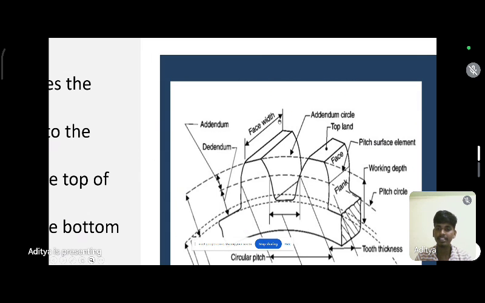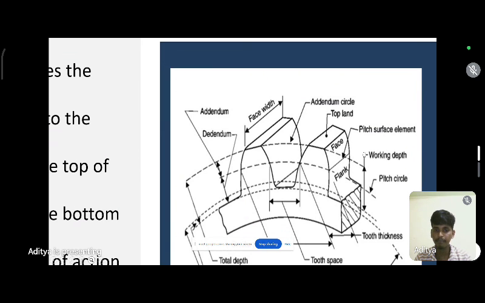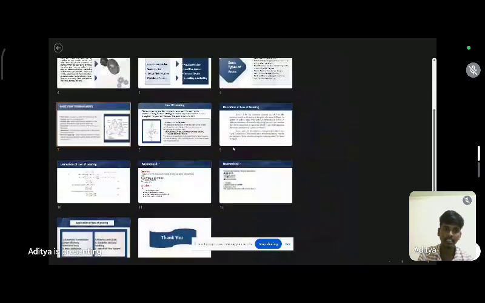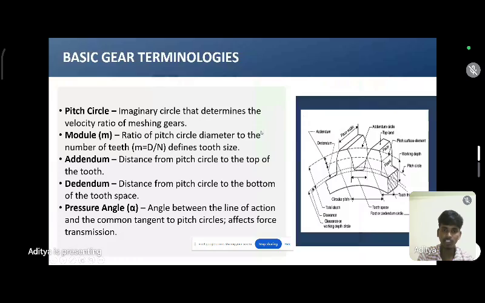This is the face width. Then this is the face. This is known as the flank. This is the working depth, this is known as the circular pitch, and this is known as the tooth pitch. This is the gear terminology.